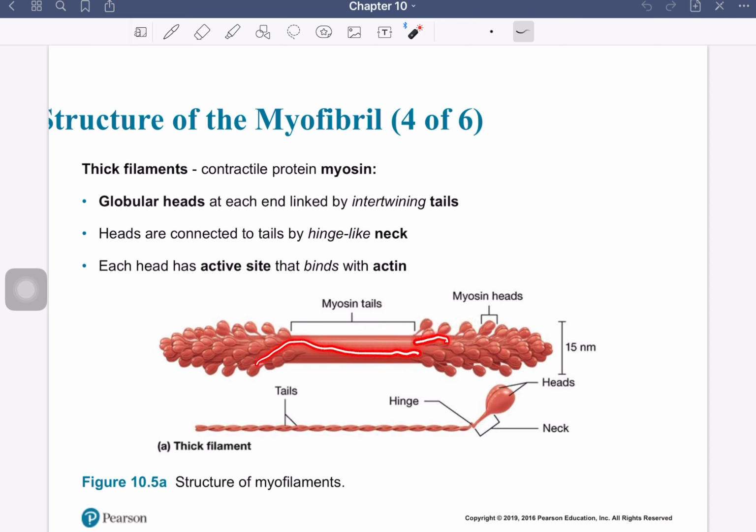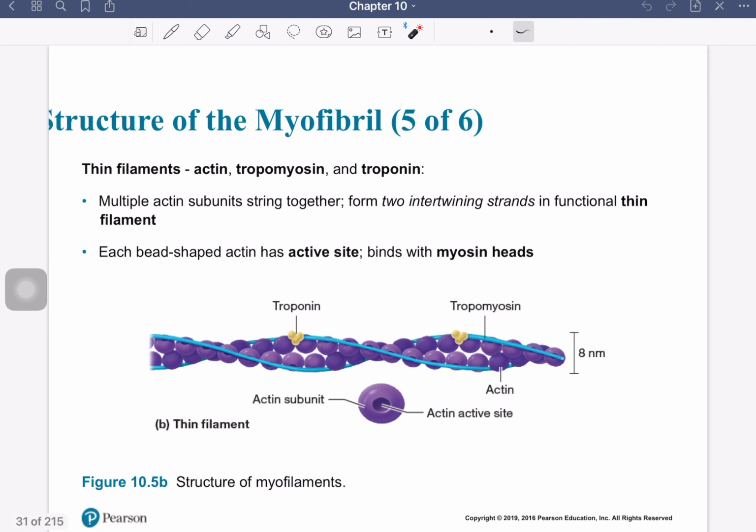So you can see that the tails face each other from this direction and from that direction. And the heads are connected by a hinge-like neck, and each head has an active site that binds with the corresponding actin. Once again, we're just looking at what we looked at before, but it's good to walk through it one more time because repetition is good.